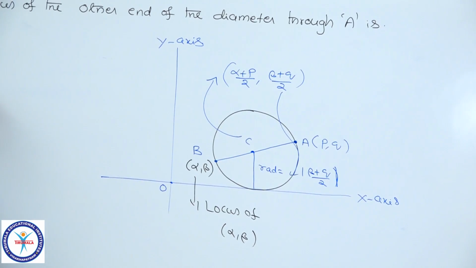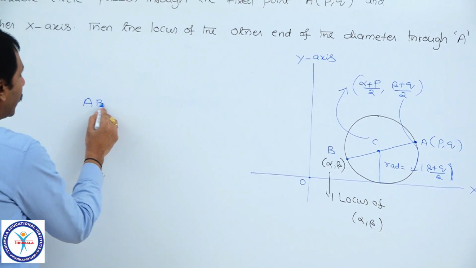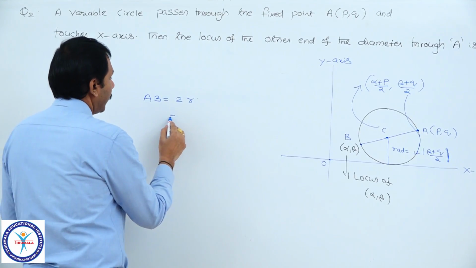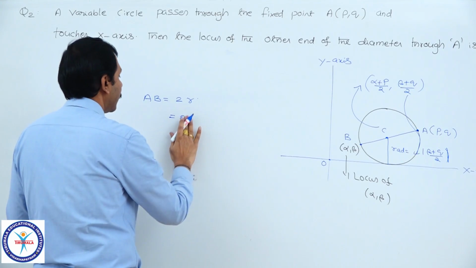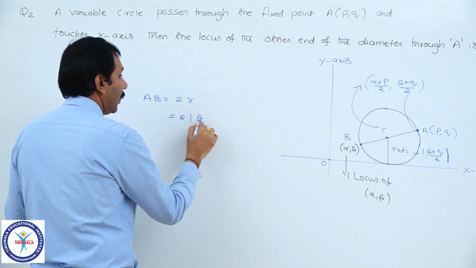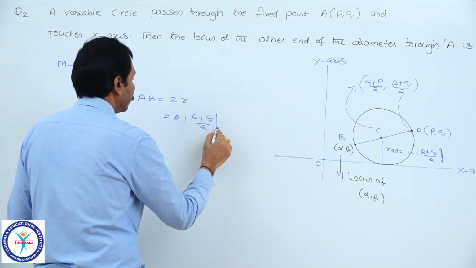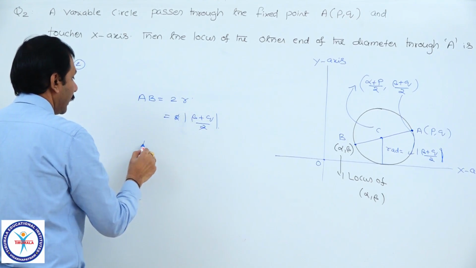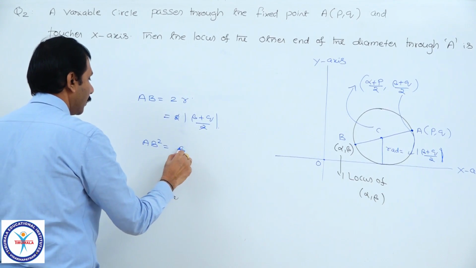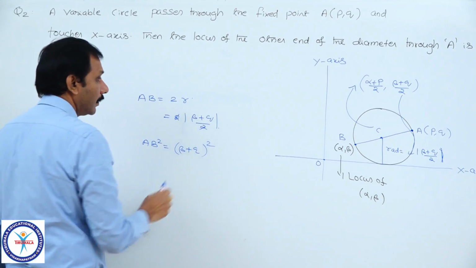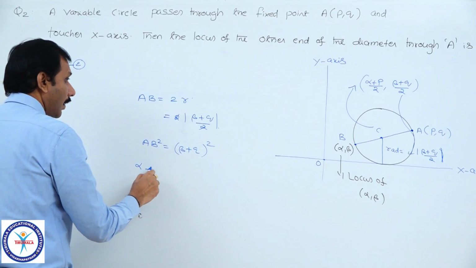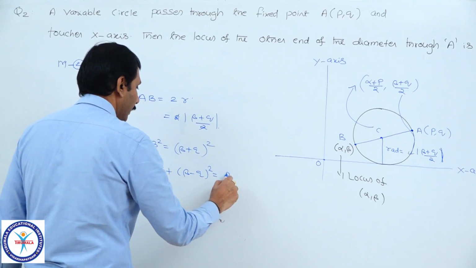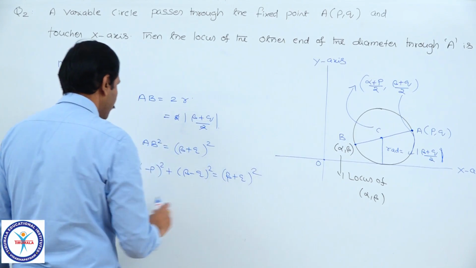Now what is the relation I can write? You see, AB, what is AB? Diameter only, it is 2r. It is equal to 2 times radius, which is nothing but mod of (beta plus q) by 2, or AB square is equal to (beta plus q) whole square. What is AB square? (Alpha minus p) whole square plus (beta minus q) whole square is equal to (beta plus q) whole square.